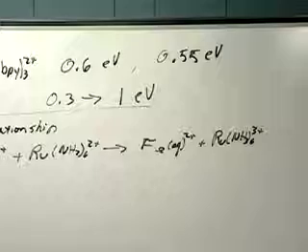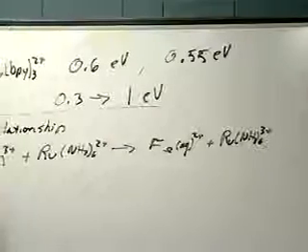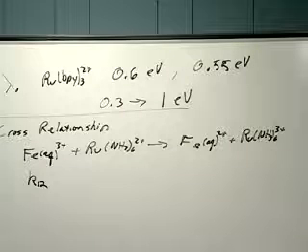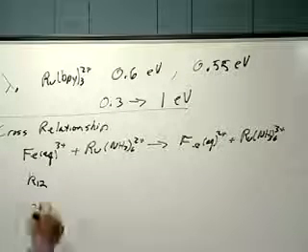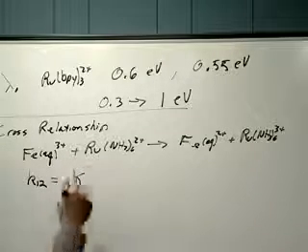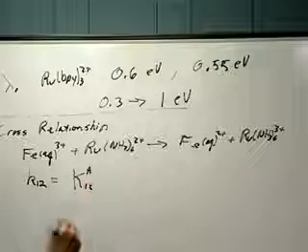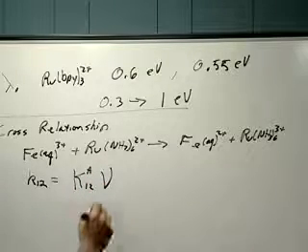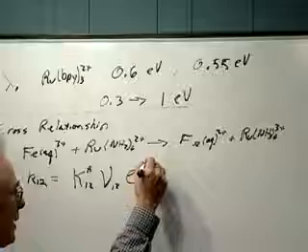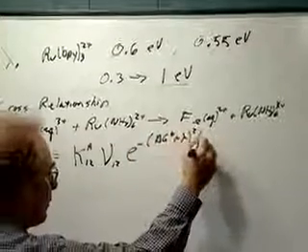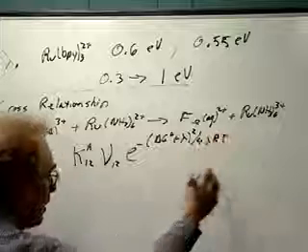Okay, and we're going to call the rate constant we measure here K12. K12 is equal to the association constant for this reaction times the frequency factor times e to the minus delta G0 plus lambda squared over 4 lambda RT.